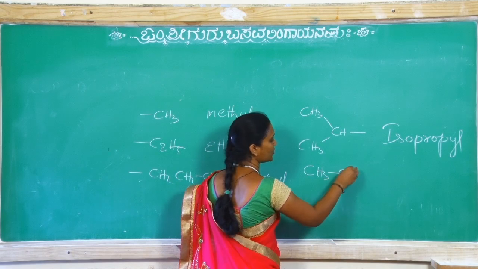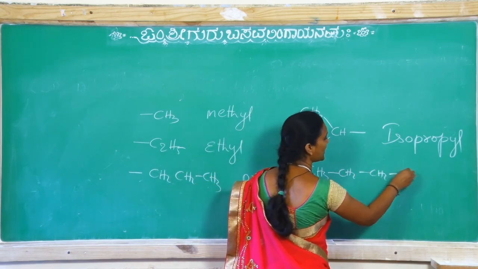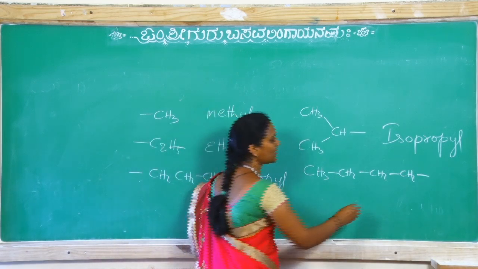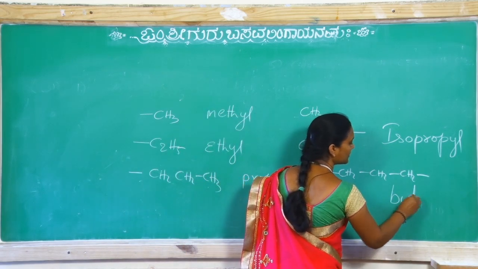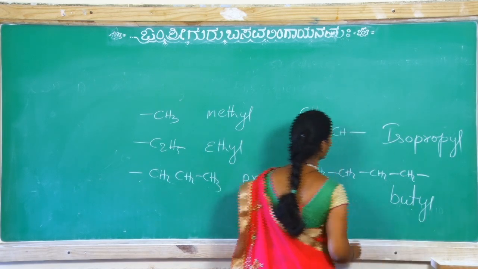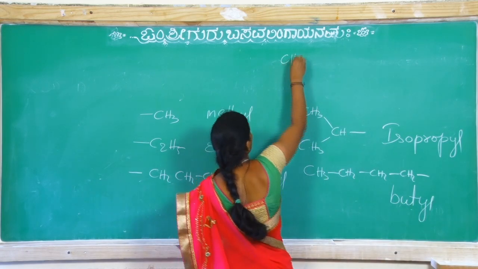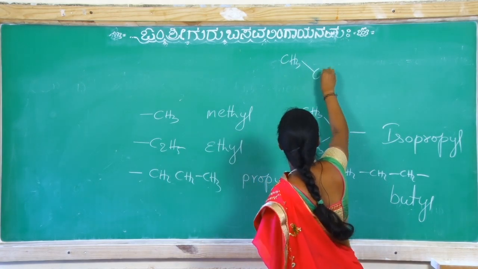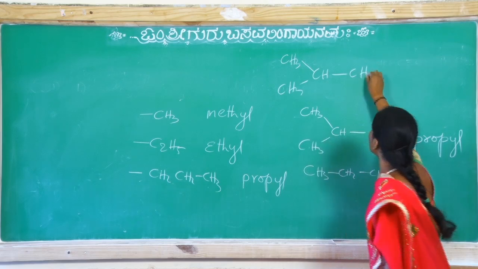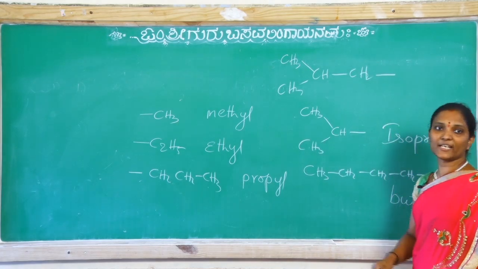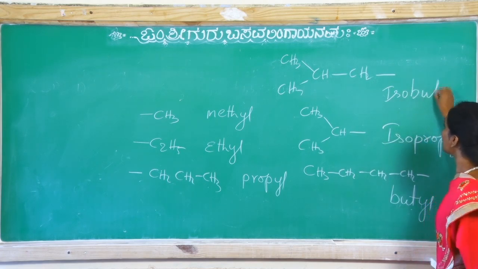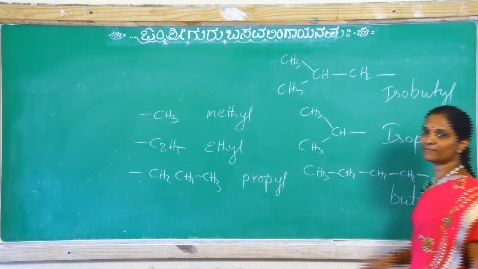CH3, CH2, CH2, CH2. Like this one branch attached. This branch name butyl. Just in butane, one hydrogen less. If the branch is CH3, CH, CH3, CH2, like this one branch attached, this is isobutyl.